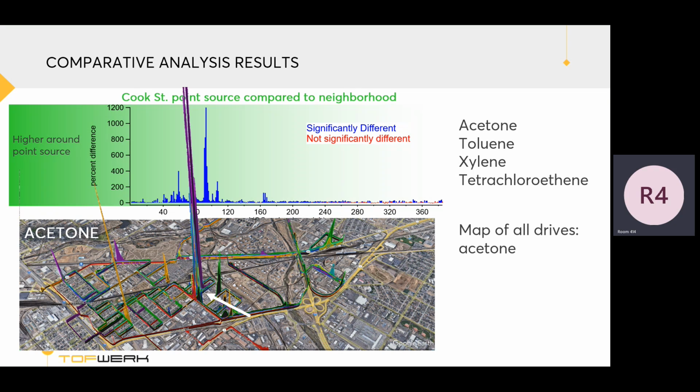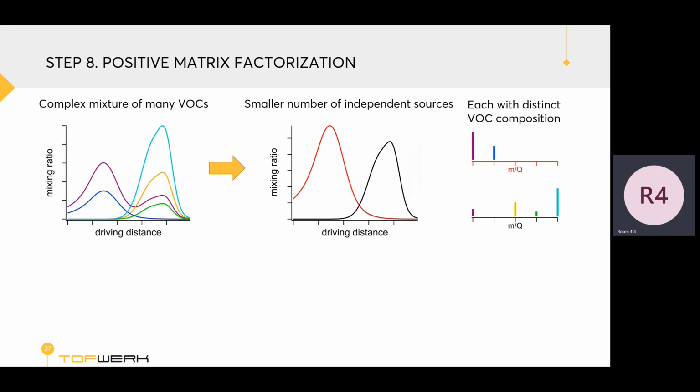So next in our work, positive matrix factorization. So the idea is to take this very complex mixture of VOCs that come from many different sources, and describe it instead as a smaller number of distinct sources, each of which has a composition.